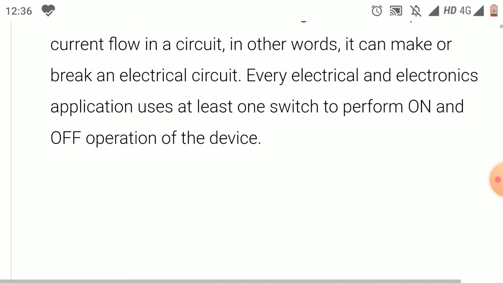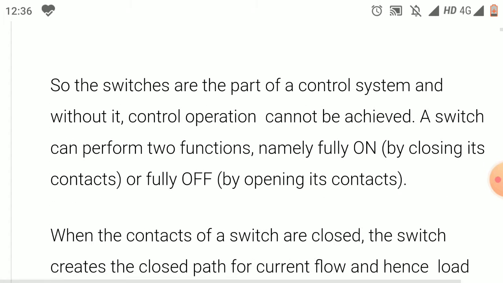We have switches in most of the electrical equipment and electrical designs in order to control its operation. The switch can perform both functions, fully on and fully off.